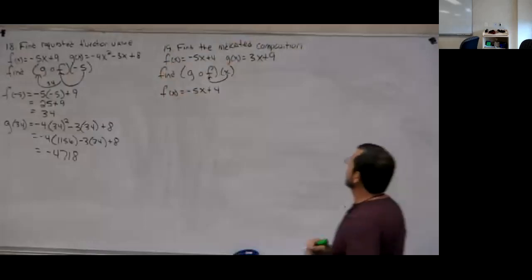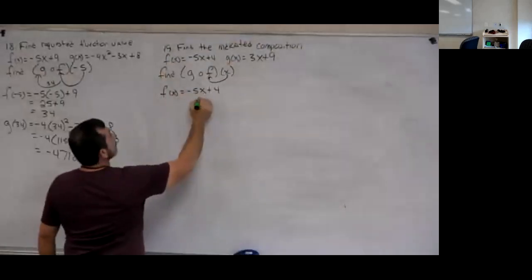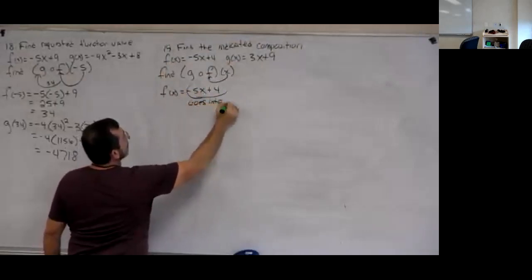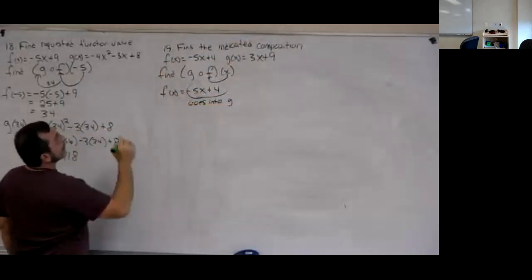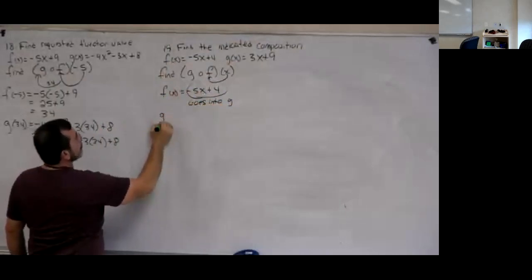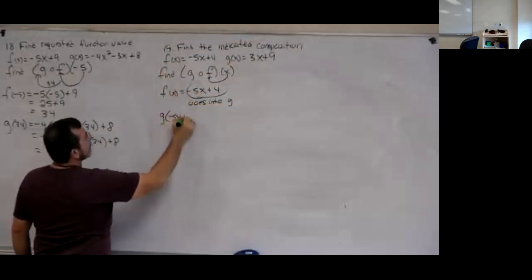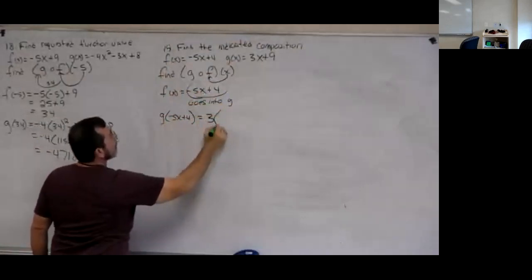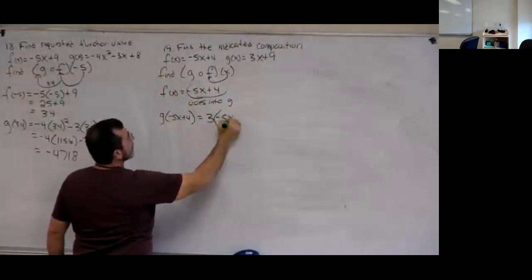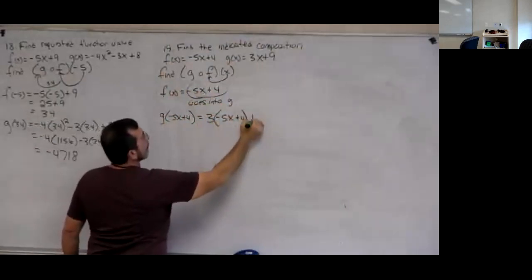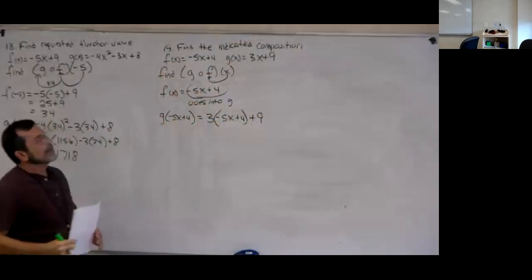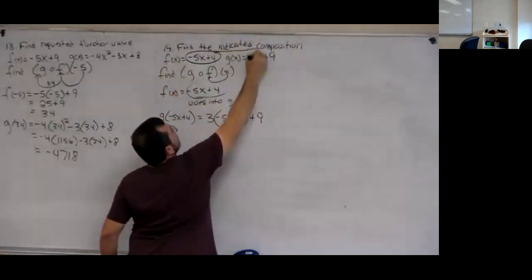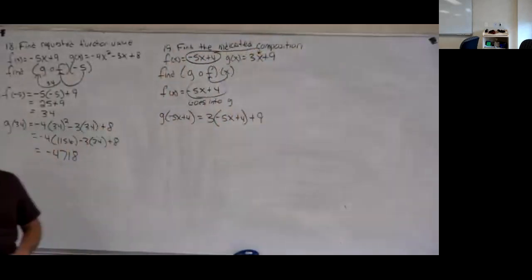No, we can't do nothing to this, which means now this goes into the G. Which means I'm going to be finding G of a -5x plus 4. So that's going to be 3 times -5x plus 4 plus the 9. So when you're given just the X, all you're basically doing is taking this and putting it into that X, okay?